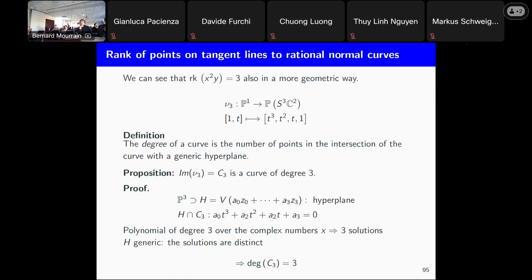Okay, so I also want to see that it has rank 3 in a more geometric way. So I have my Veronese embedding, sorry. And we said that that guy was a point on a tangent line of that curve.